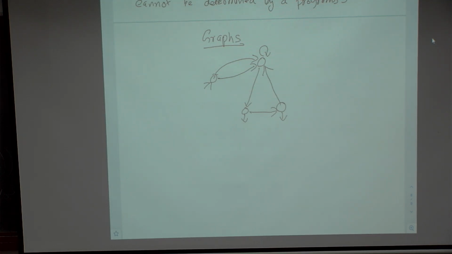And this graph, I define this graph to compute a function from natural numbers to natural numbers in the following way. The number n will be mapped to the number of paths of length n from source to target.